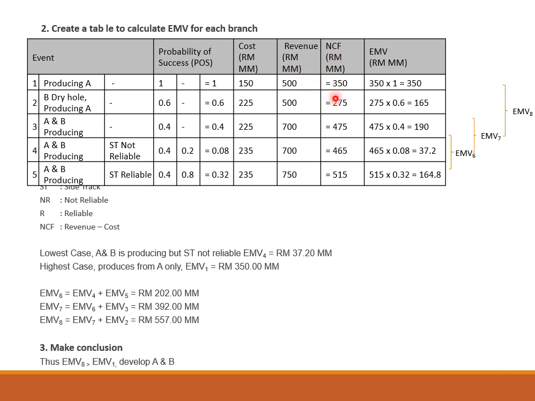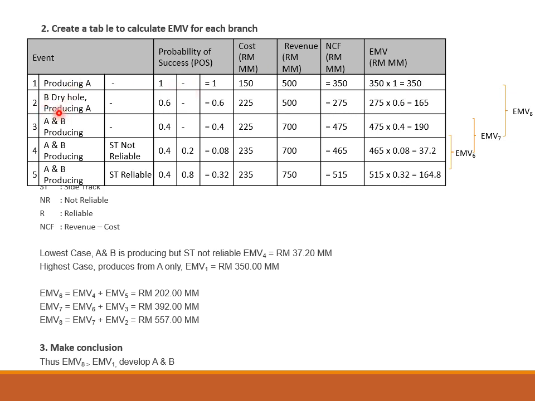So that means the net cash flow for reservoir A is 500 minus 150, which is 250. Okay. So that means the EMV, the expected monetary value here will be 350 times the chance, which is 1, equals to 350. So that's the first branch just now.